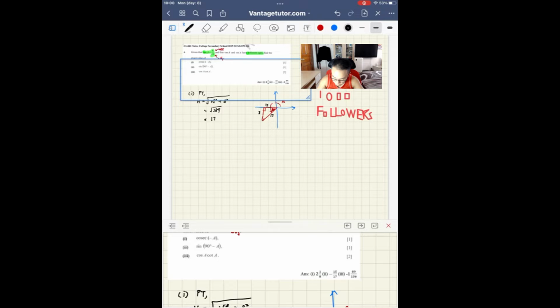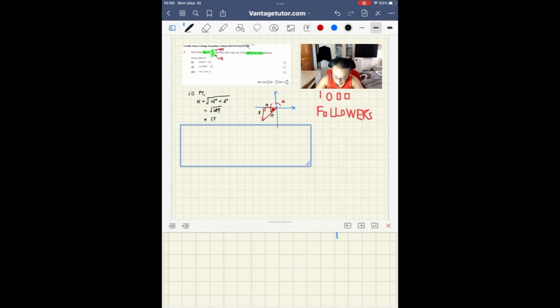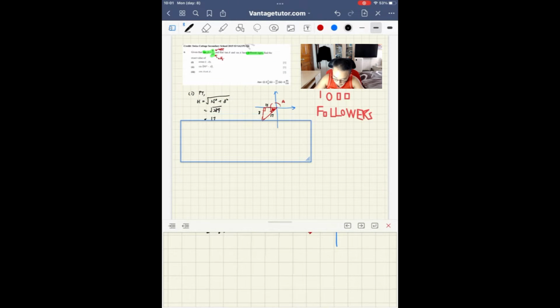My question asks for cosecant of negative A, right? So I can write cosecant of negative A equals, this is my trigo identity, cosecant is 1 over sine of negative A. Now for me, I don't memorize anything.